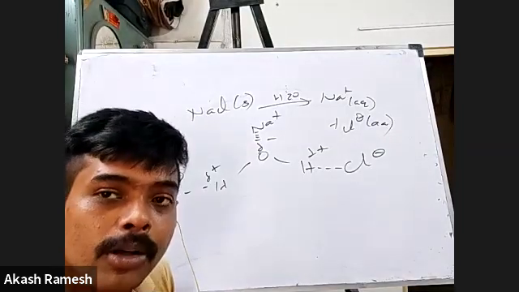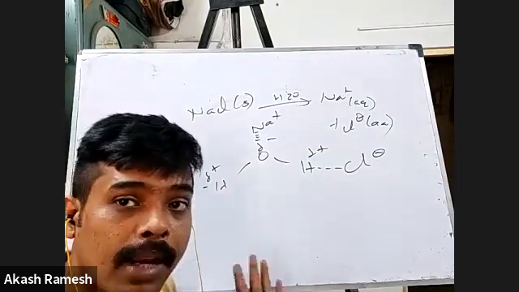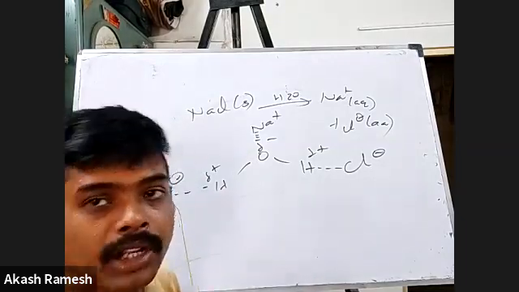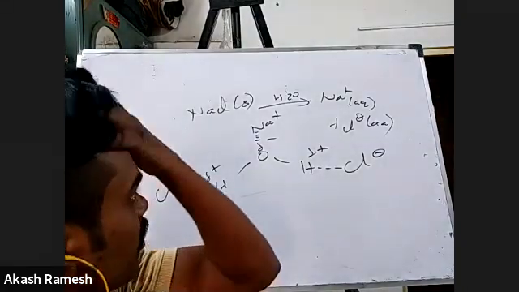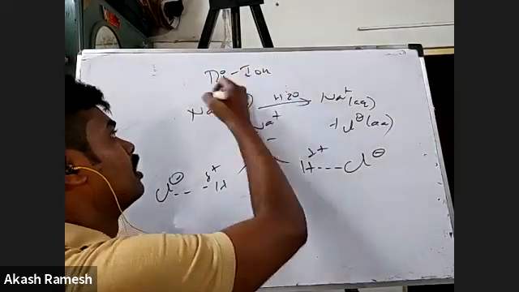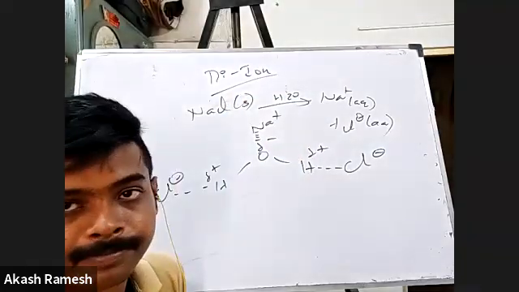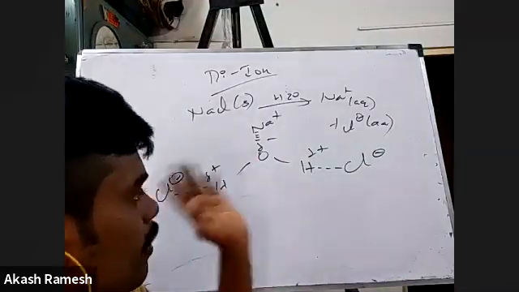So in dipole-dipole there should be two dipoles. In dipole-ion there should be one dipole and one complete ion which is fully positive or fully negative. Understood, right? So hope you got my point, whatever I'm trying to say. This is my dipole-ion interactions. Okay, fine, right. Now that's about dipole-ion.